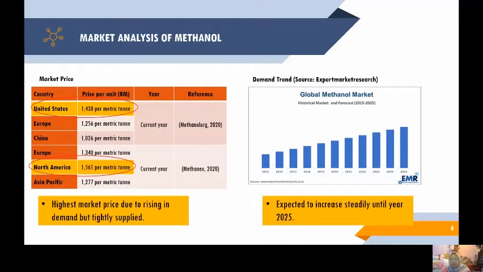So for the demand trend of the global methanol market, it is forecast that it will increase steadily until year 2025 despite the pandemic issues, according to expert market research.